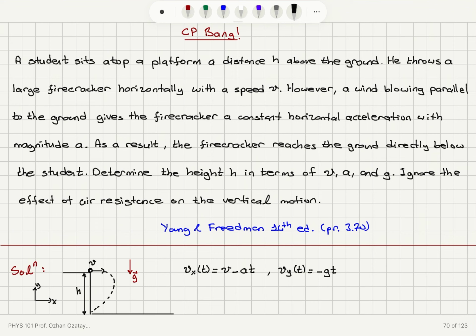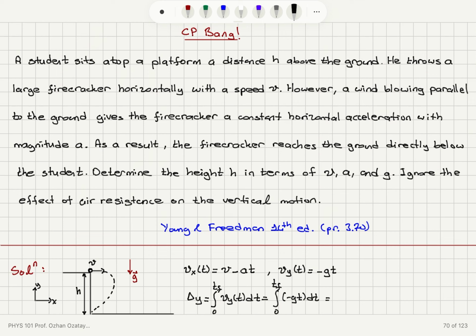So the distance we travel on the y-axis, delta y, is the integral from 0 to time of flight, tf, of vy of t dt, which is the integral from 0 to tf of minus gt dt.